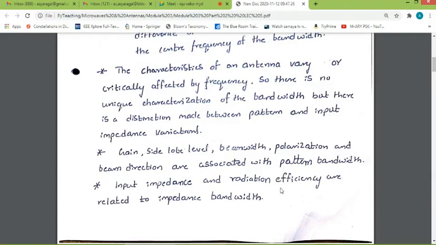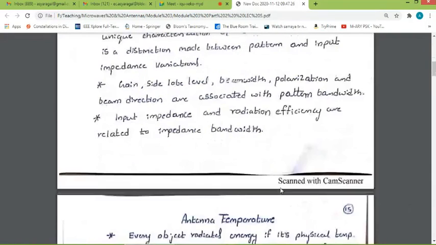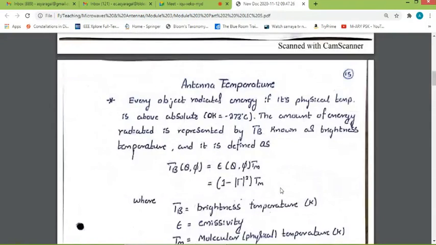The next topic which we want to discuss is antenna temperature. The very basic understanding is that every object is going to radiate some energy if its temperature is above 0 Kelvin. Antenna temperature is not the physical temperature.